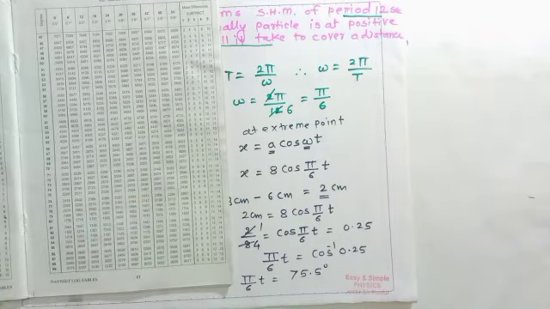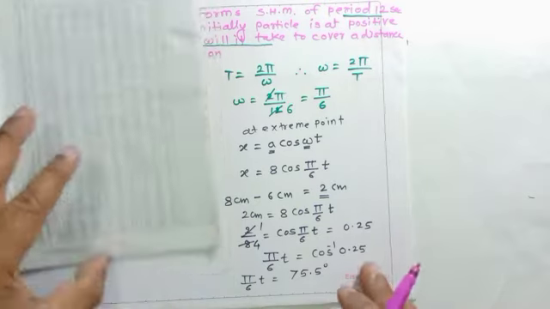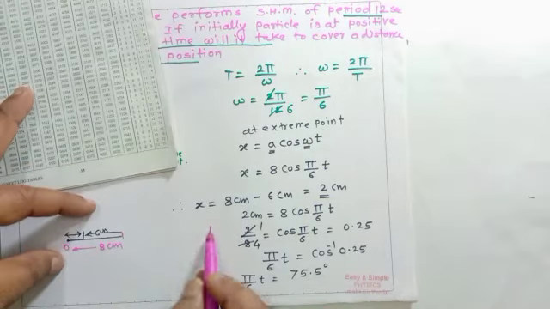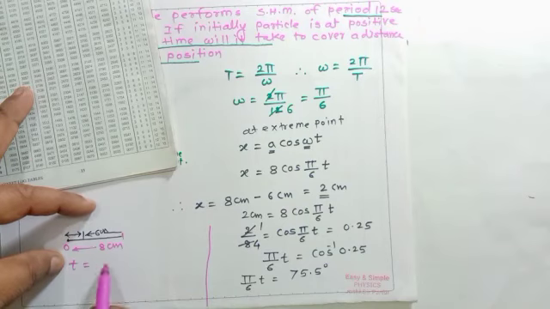or 75 degree 30 minutes or 31 minutes, that is 75.5 degree. So if we calculate the time, time is equal to 6 multiplied by 75.5 degree divided by 180 degree.